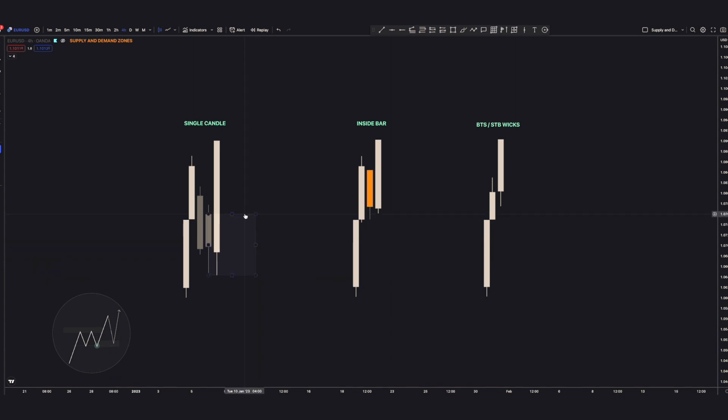Okay, next one. This is a very simple one too, which is the inside bar, which is very easy to spot because of the color, right? I just forgot about something here, before I forget. Remember, guys, if we had an equal high candle here, let's say that there was only this push and this candle here.